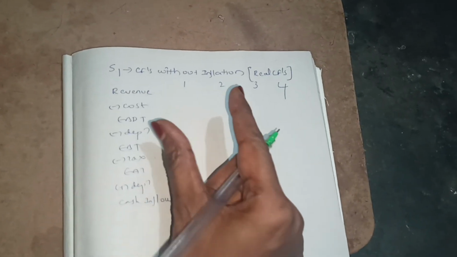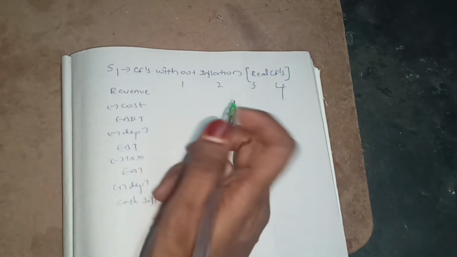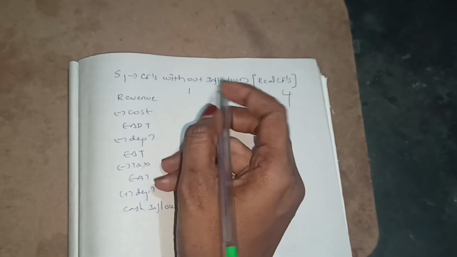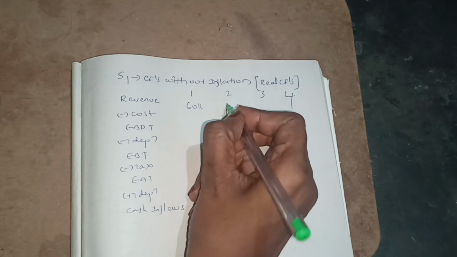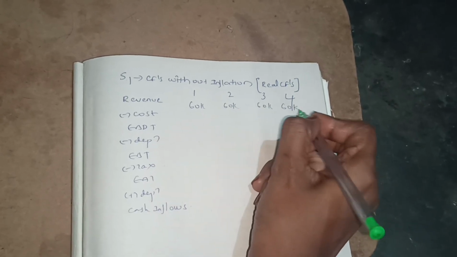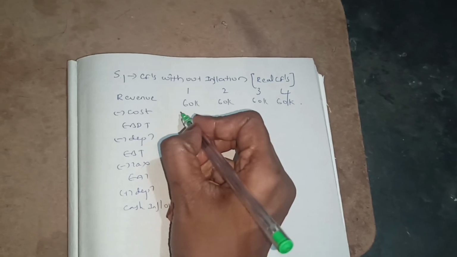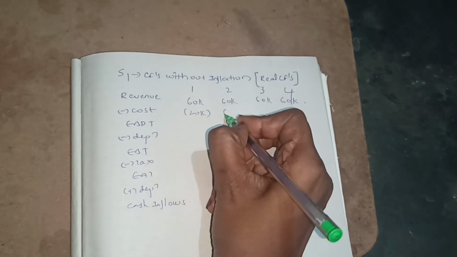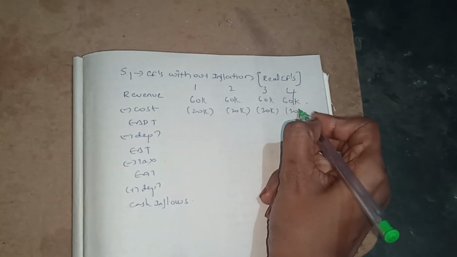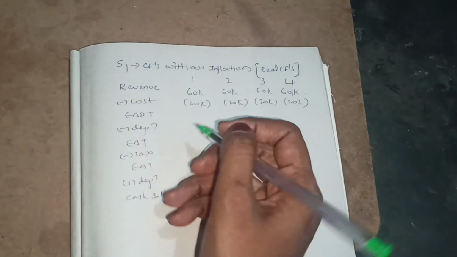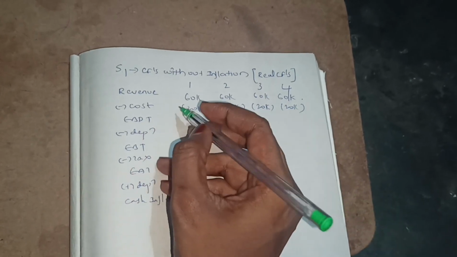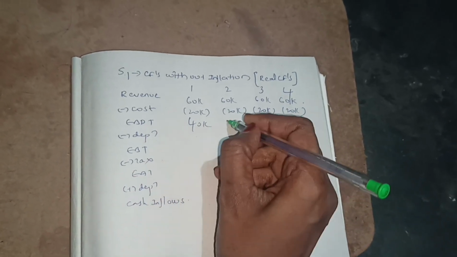Because the question is very clear, they have mentioned annual revenue. So the annual revenue means per year revenue: 60,000, 60,000, 60,000, 60,000. Cost is given as 20,000. So when you deduct cost from revenue, you will be getting EBDT, that is earnings before depreciation and tax, as 40,000 each year.